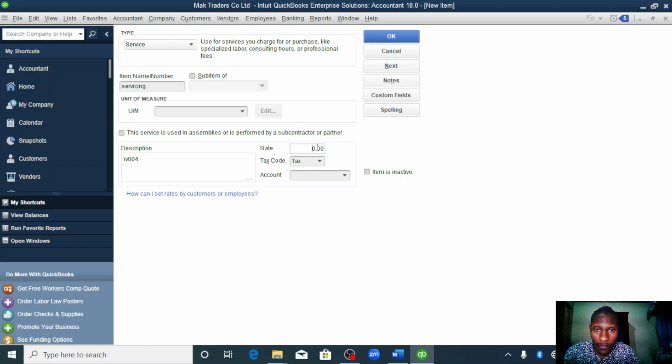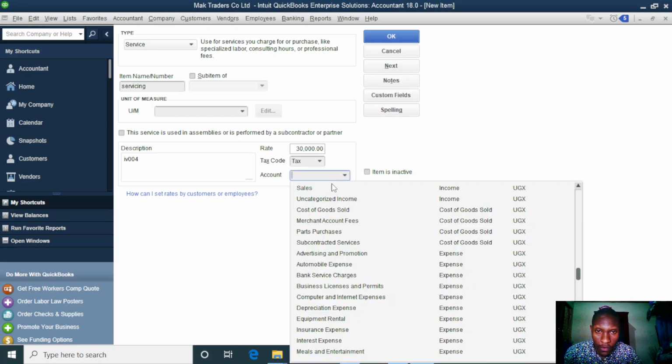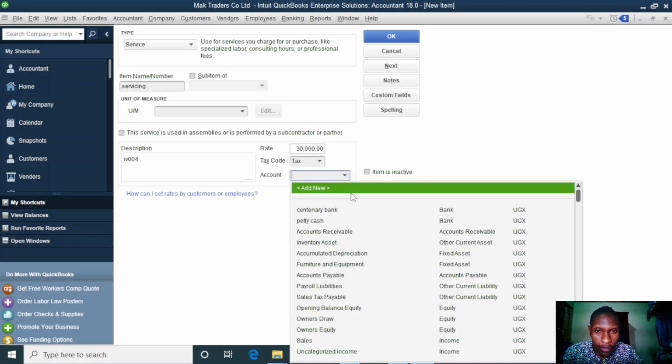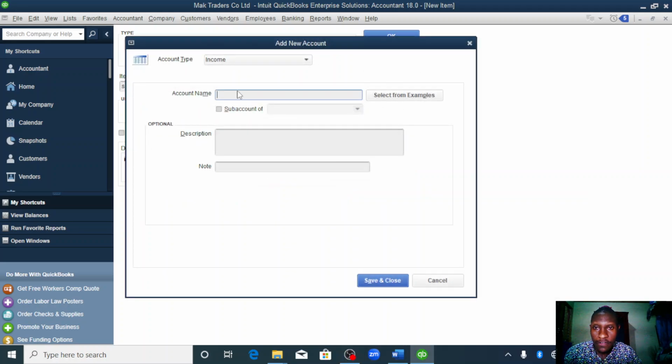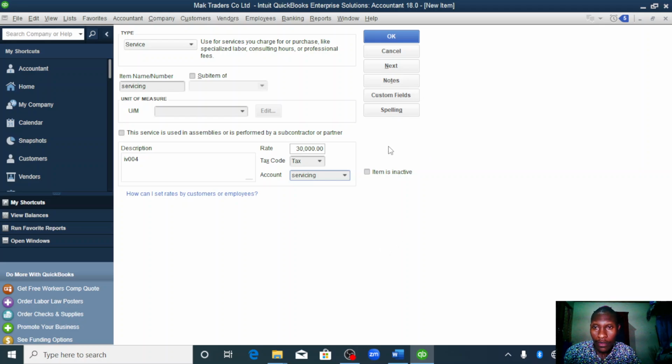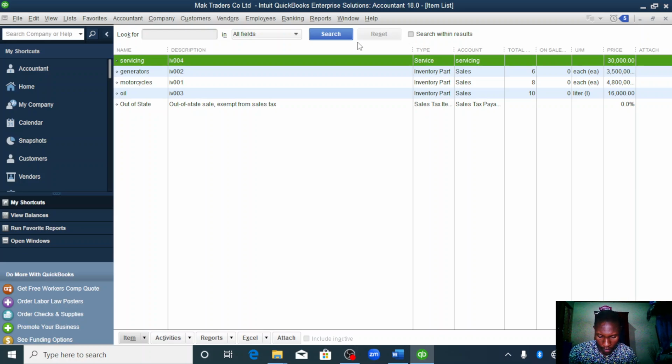Rate, we are having 30,000. Account, we are creating its own account. We may call it servicing. And then we save and close. Then we click OK. So this part is done.